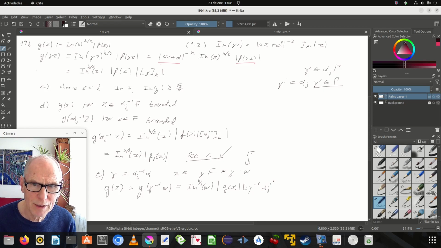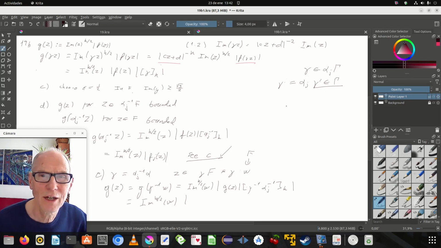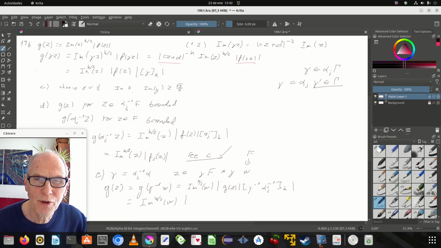Alpha j up to minus first. Okay, and numeric. And G is invariant under, and now what was that? It should have been alpha in front.